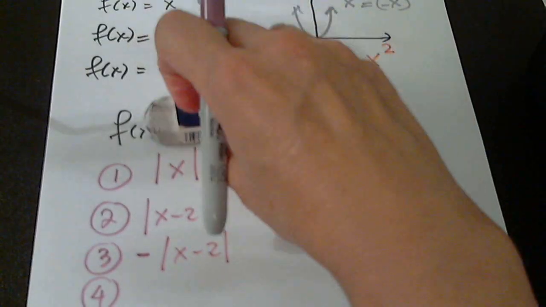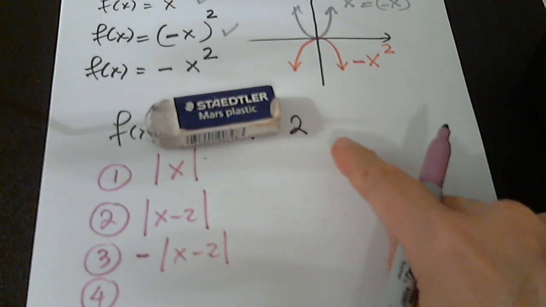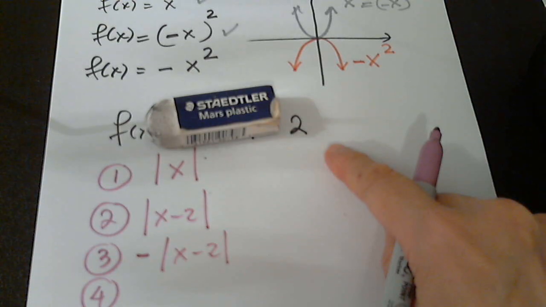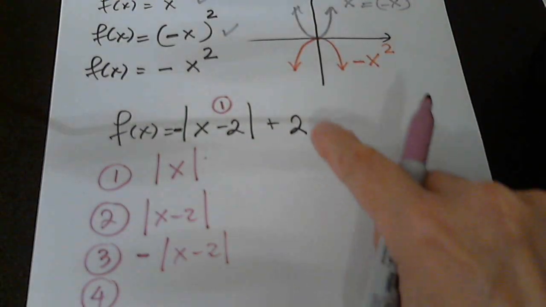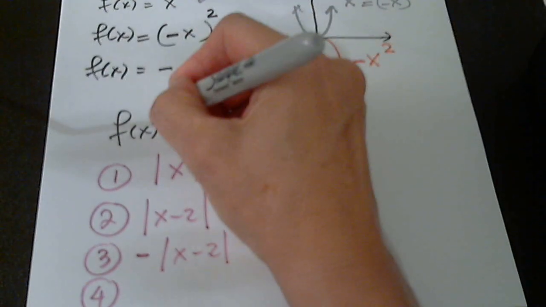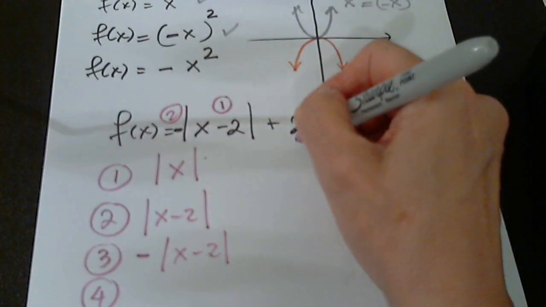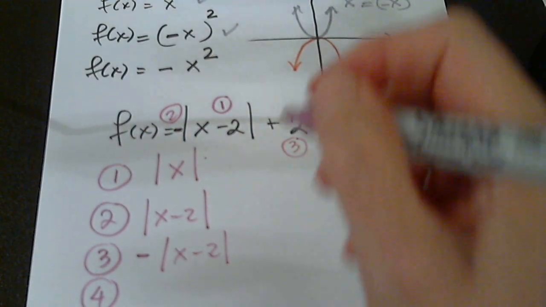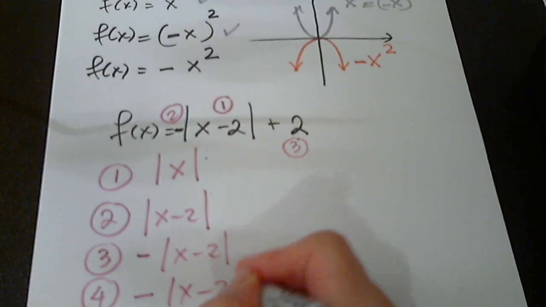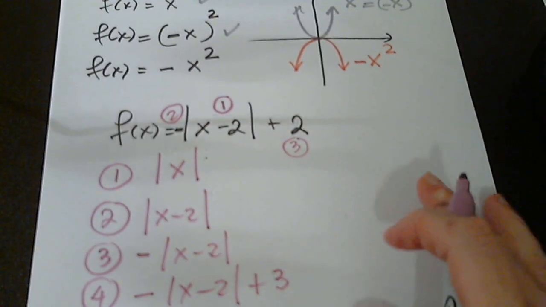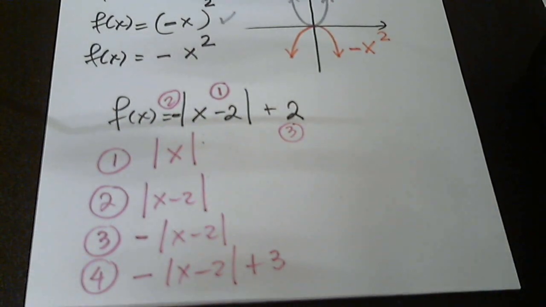And then what is the final step that you need to perform? So this is number 2, and this is number 3. So I have negative absolute value of x minus 2 plus 3. We decompose this function to the bare bones.